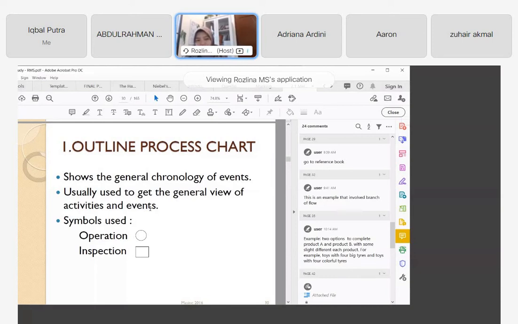If you are a beginner and don't have the experience to develop the process chart, normally we use the outline process chart. After you come up with the outline, then you can detail it out by adding transportation, delay or storage to make it complete.